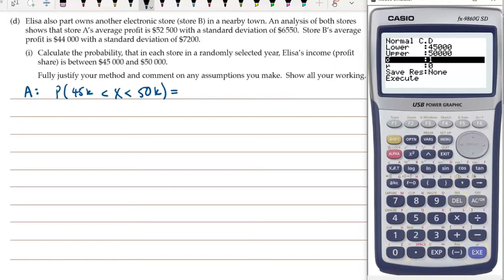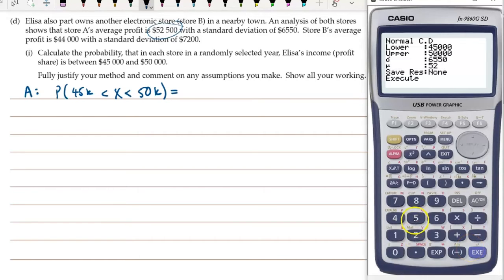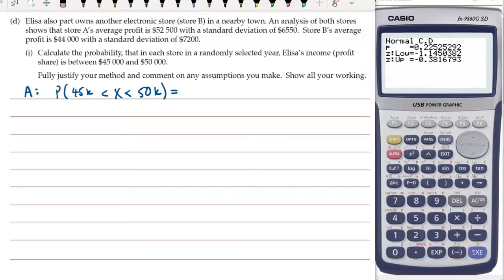Our upper limit is 50,000. Now for store A, we have the standard deviation is 6,550, and the mean is 52,500. Okay, so the probability of that one is 0.2253.